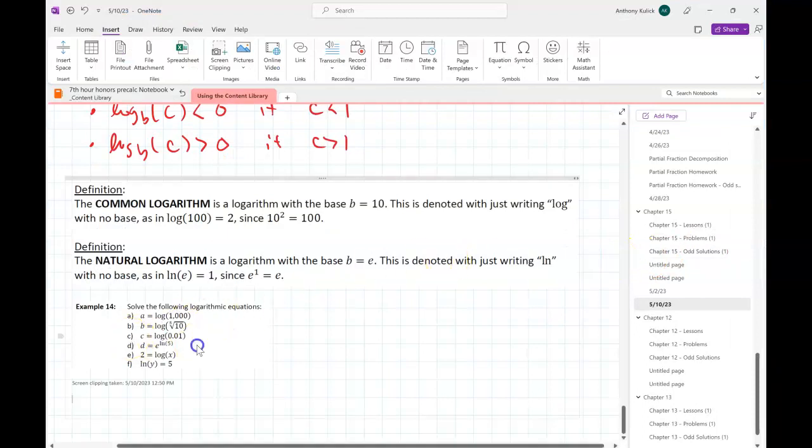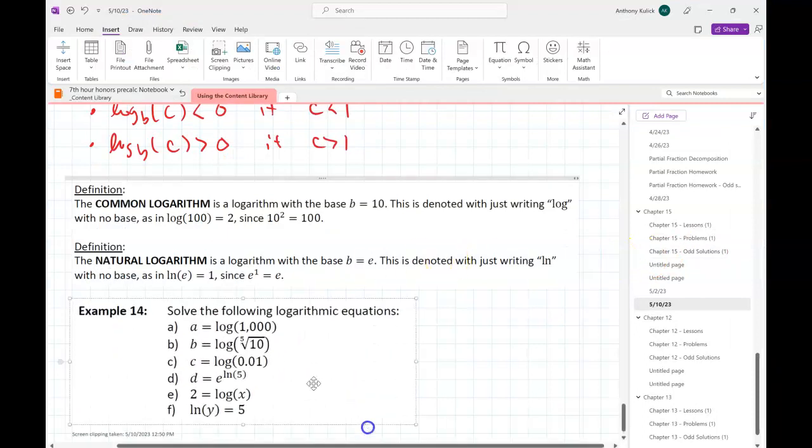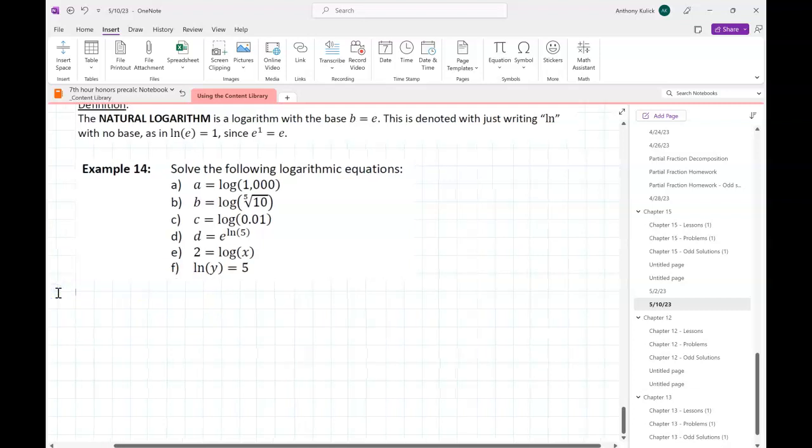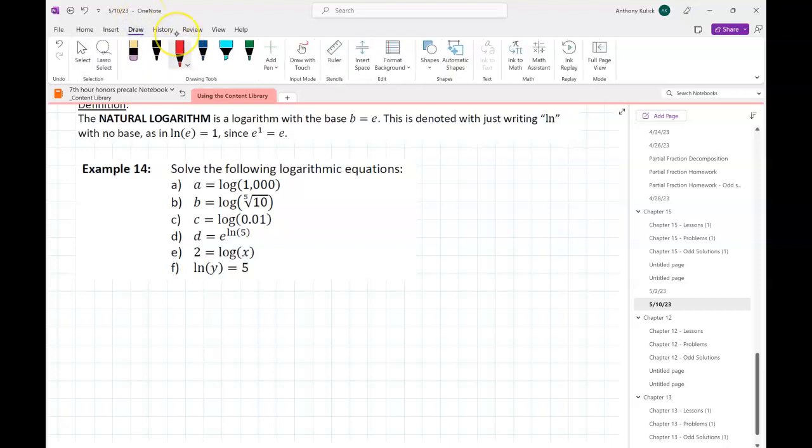So let's do a couple of simplifying examples. We're going to try to do these without having to write anything down. I'll talk about how we get them as we write them down. But what's our answer for A going to be? 3. Good.